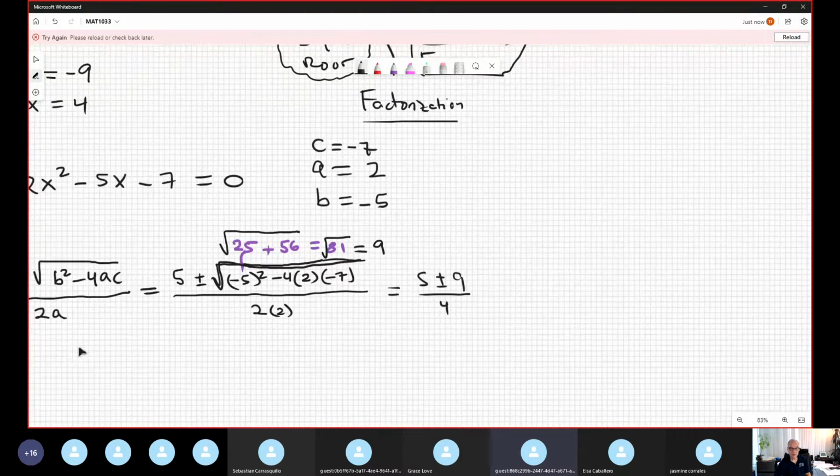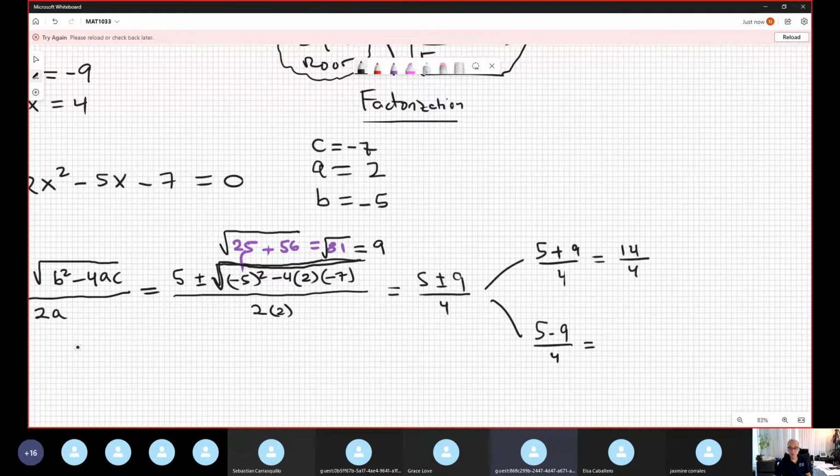To clarify this idea, I don't like too much this double sign plus or minus. No, no, no. I said split like that. Use the plus, use the minus separately, and we compute separately. It's 14 over 4, reduced to lowest terms is 7 over 2, divided by 2. 14 divided by 2 is 7, and 4 divided by 2 is 2.